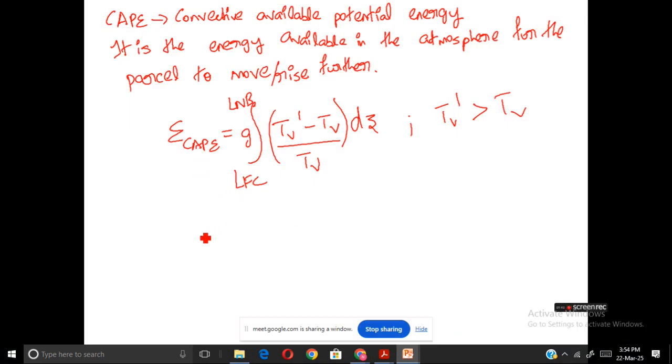Which means this area, or E CAPE, is positive.